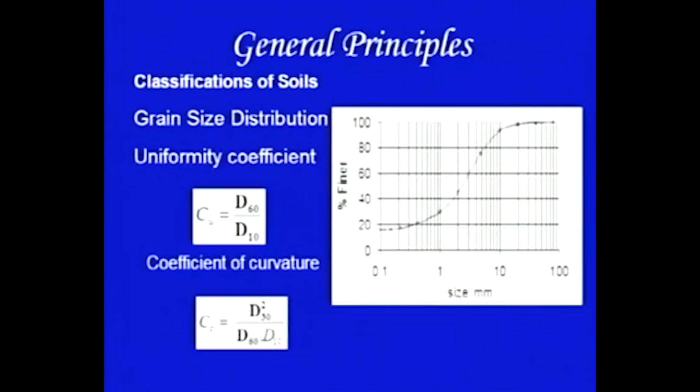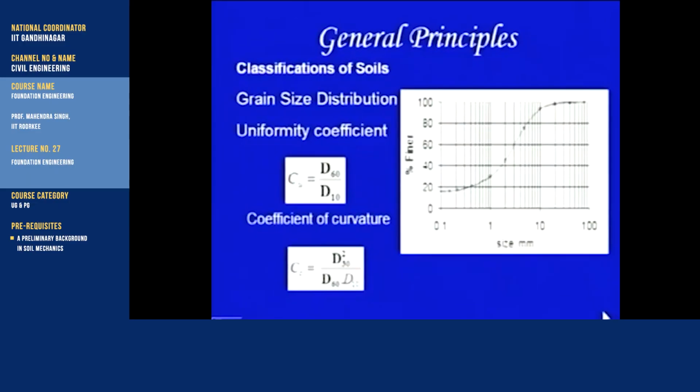Now, let us start the actual syllabus, and as I told you, initially I am going to refresh the general principles of soil mechanics, and here I am starting with the classification of soils.